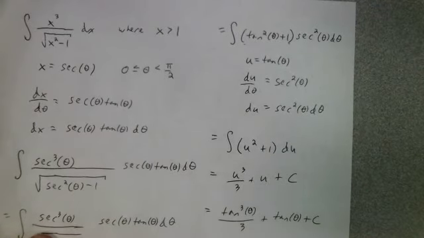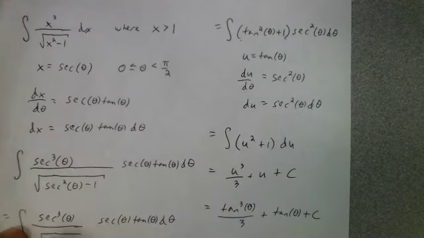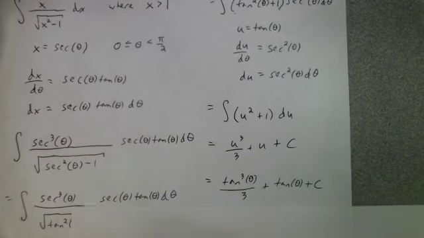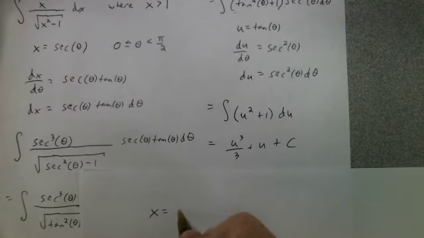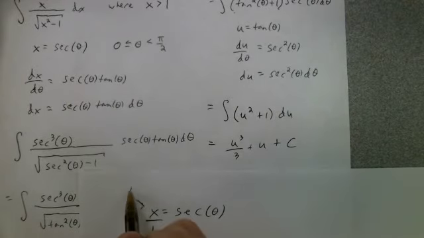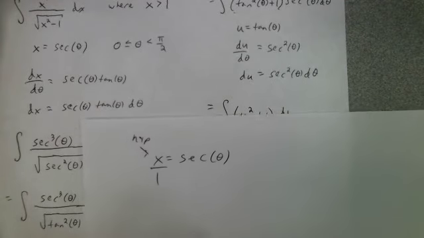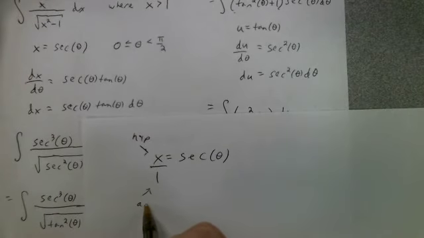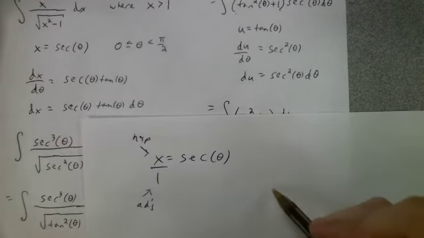I want to simplify tangent theta. So let's draw a little triangle here. So x is the secant of theta. Think of this as x over 1. Then this is your hypotenuse divided by the adjacent side if you draw a triangle.